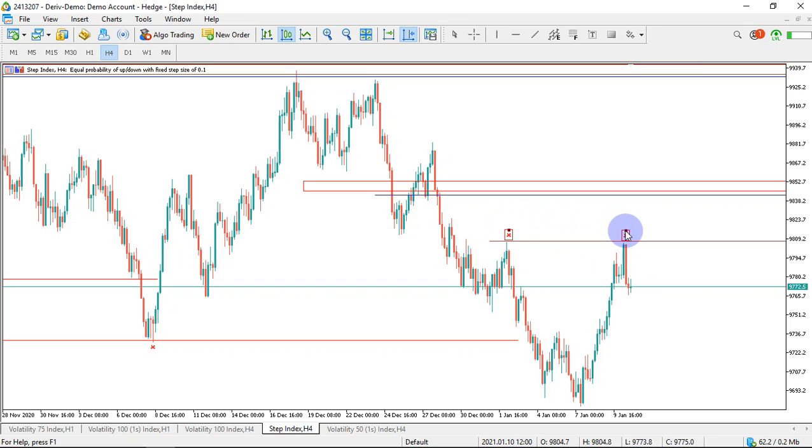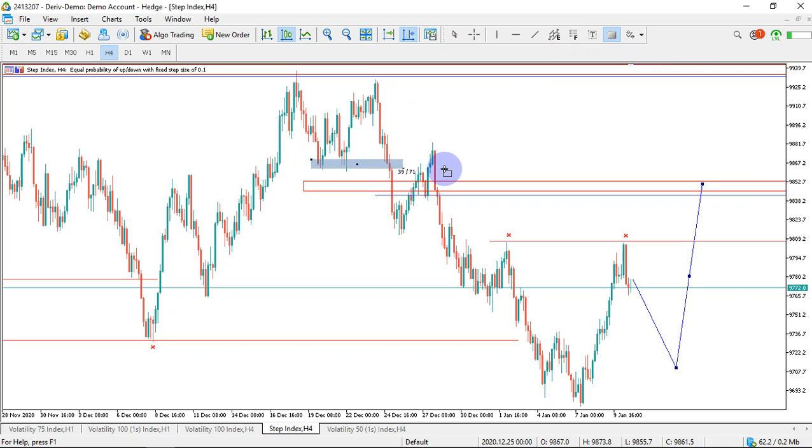They are looking at a resistance. I'm like, oh, this is a resistance and all that. Now, what I feel should happen is price should come into this level, and then into this breaker block, sorry, this is a breaker block, because the market structure was broken at this point.